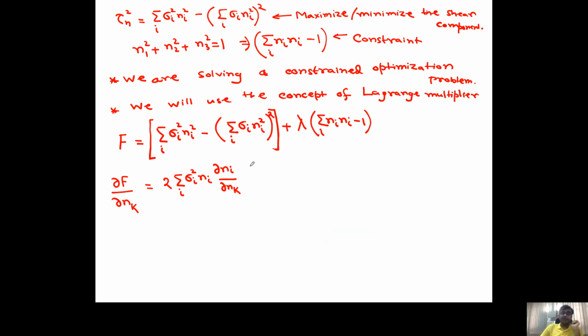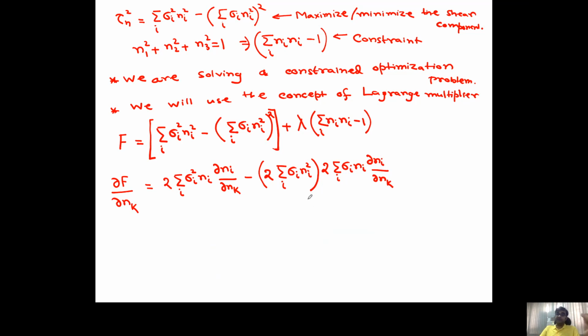So now for the second term, it is 2 summation i sigma i ni square, right? So this is first, and then the derivative of what was inside the bracket. That will give me 2 summation i sigma i ni del ni by del nk.